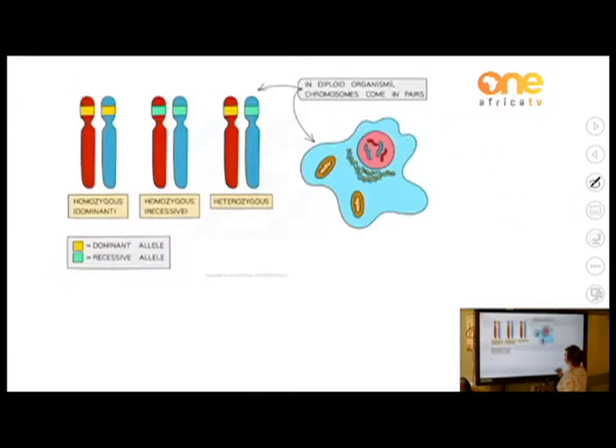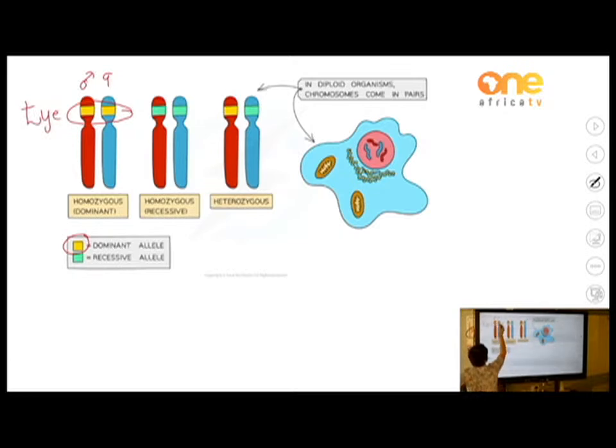Now, homozygous, dominant. Why do we have different colors? Because one is inherited from the father and one from the mother. Then, homozygous dominant, yellow, is the dominant allele. This gene, let's say it is for eye color.